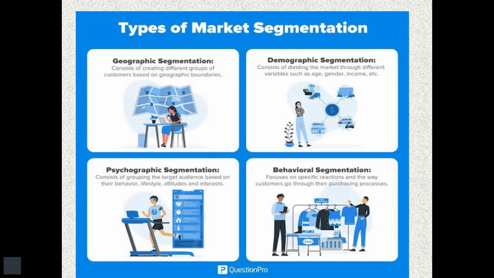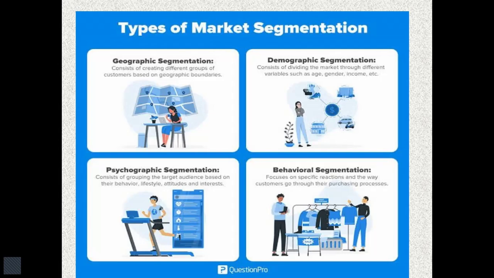For example, if I'm targeting people living in water climate areas, or people living in metropolitan cities or village areas, there are products that are only applicable in village areas, whereas there are products that are only useful in metropolitan cities. So we need to divide such markets based on their geographic locations.